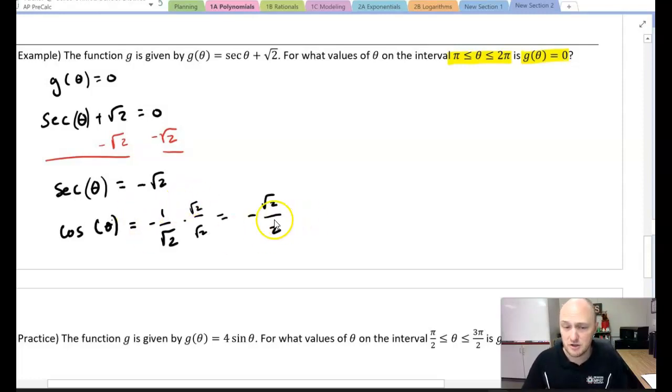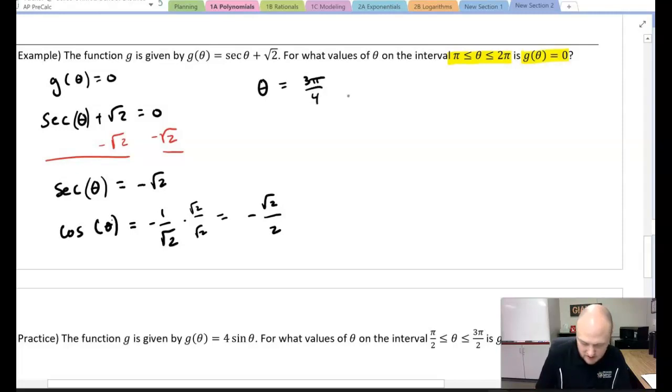And that should look very, very familiar. So your x value is negative root 2 over 2 in quadrants 2 and 3. So we have theta equal to 3 pi fourths, that's quadrant 2, and in quadrant 3, 5 pi fourths.